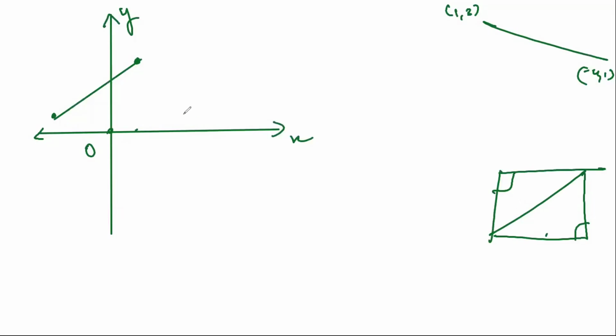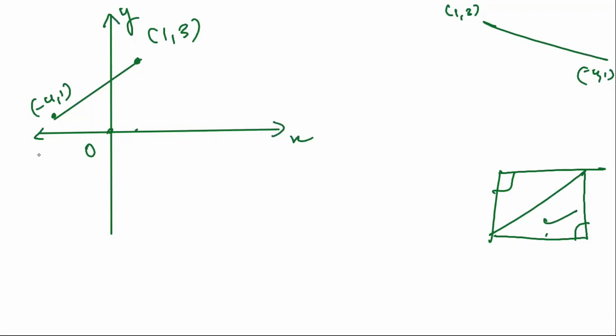Please remember the perpendicular sides are parallel to the axis, right? So first, let's understand this one. This point is (1, 3) and this point is (-4, 1), correct?